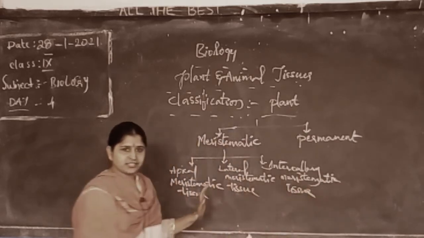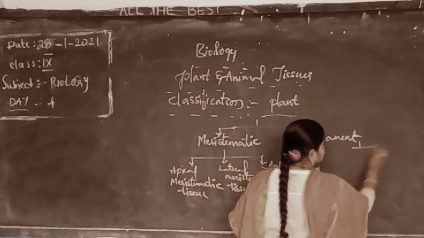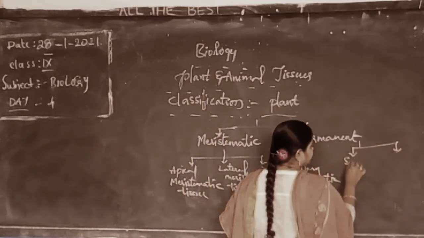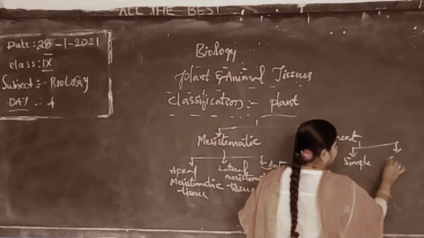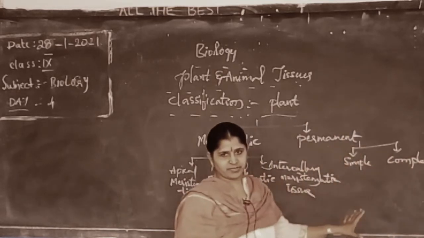Again, this permanent tissue is classified into two types: simple and complex. Simple tissue and complex tissue.